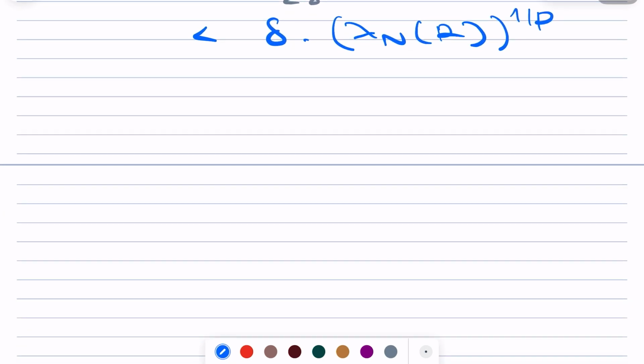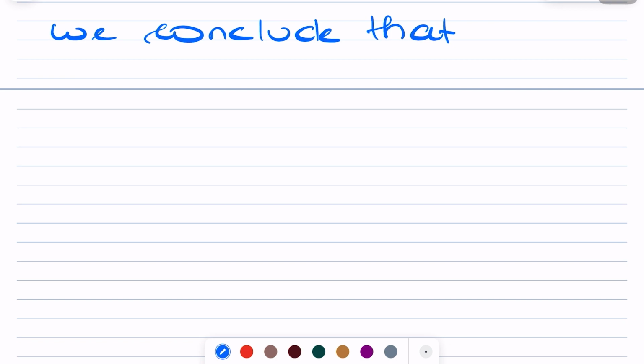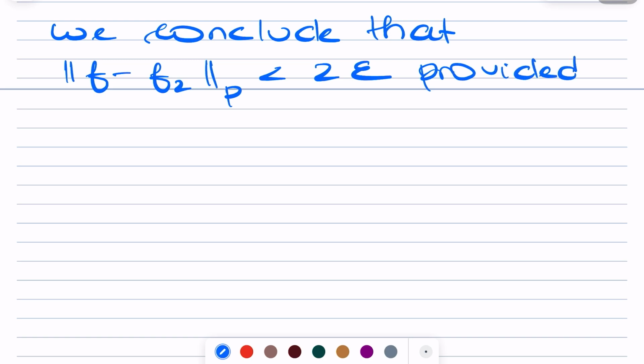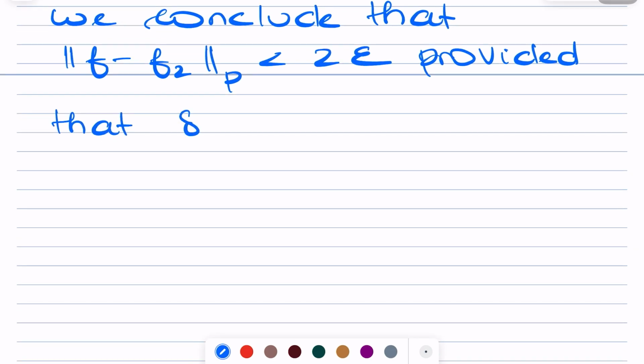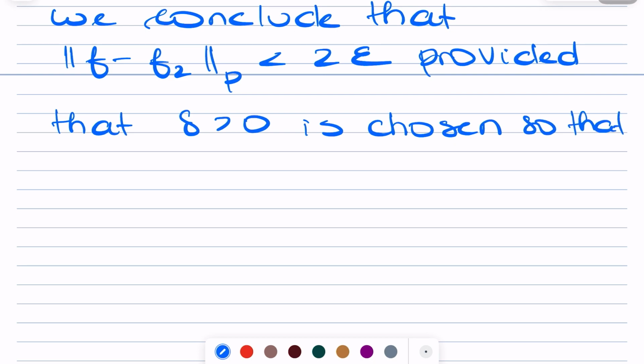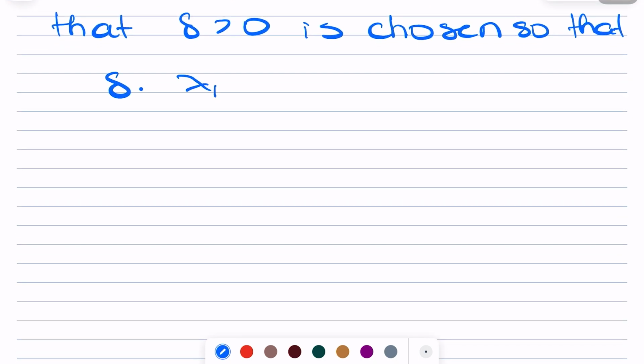So we conclude that the norm of f minus f2, the LP norm, is strictly less than 2 epsilon, provided that delta positive is chosen so that delta times the n-dimensional Lebesgue measure of the cube R raised to the power 1 over p is strictly less than epsilon.